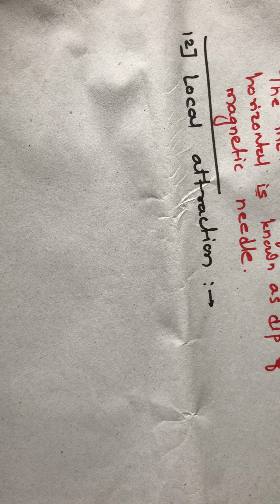So what is local attraction? The magnetic needle indicates the north direction when it is freely suspended or pivoted. But if the needle comes near some magnetic substances such as iron ore, steel structures, or electrical cables conveying current, it is found to be deflected from its true direction and does not show the actual north.